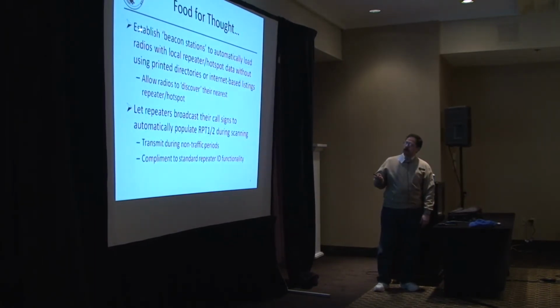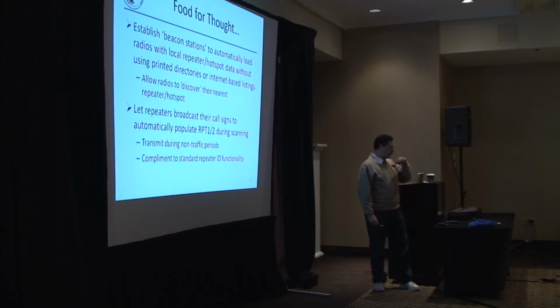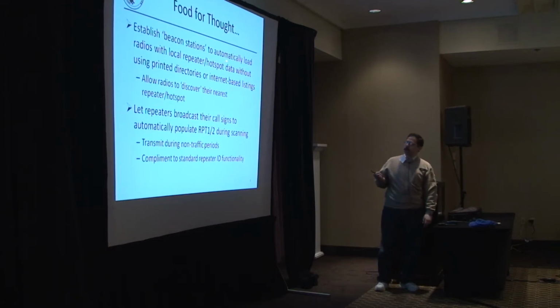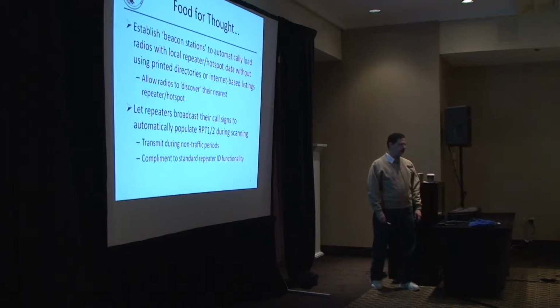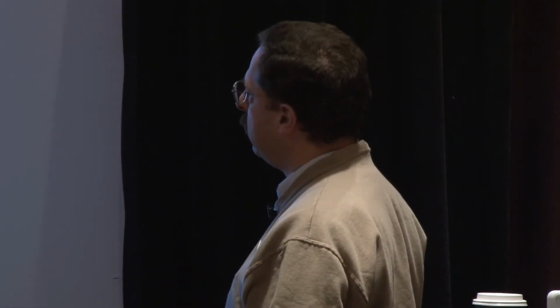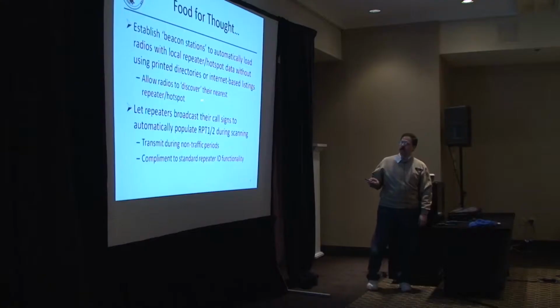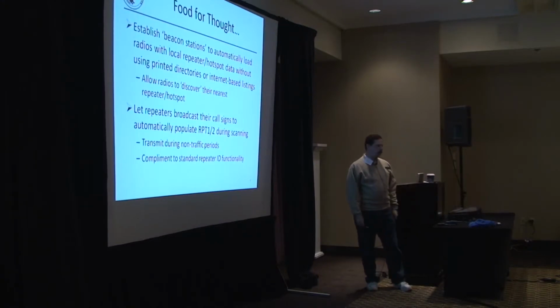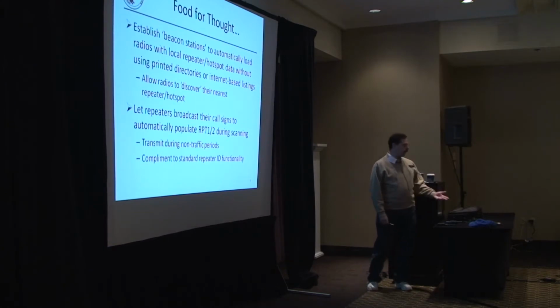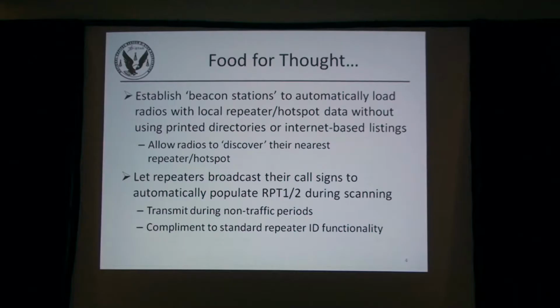So what I would like to see is either a central beacon station in a metropolitan area, or the individual repeaters themselves, just load our radios ahead of time. So as you're driving in and out of an area, you're loaded up. You have all the information so that you don't have to have these directories. Basically, what I want is for radios to discover their nearest repeater, or in the D-Star case, the nearest hotspot, without having to rely on the printed directories that we use today.